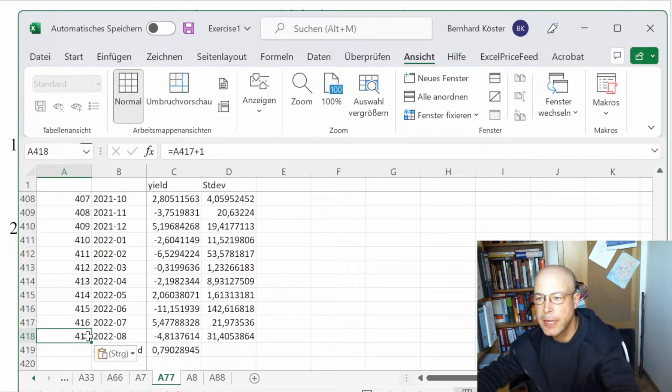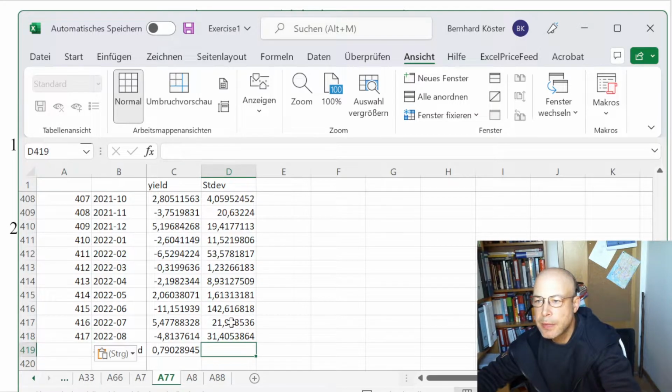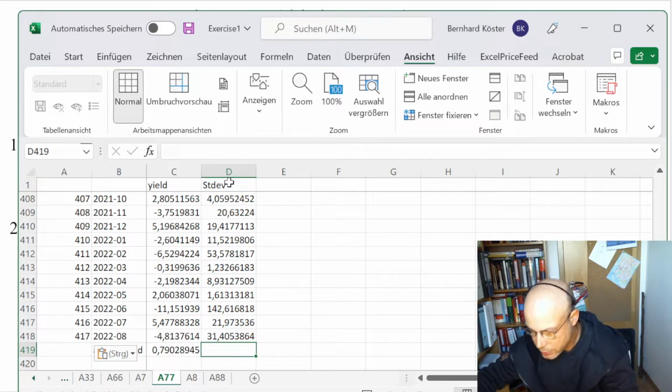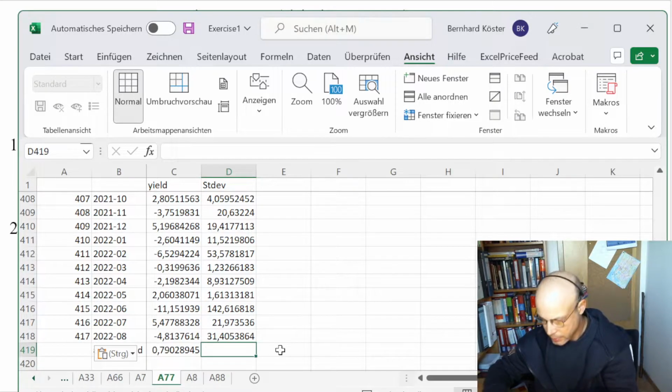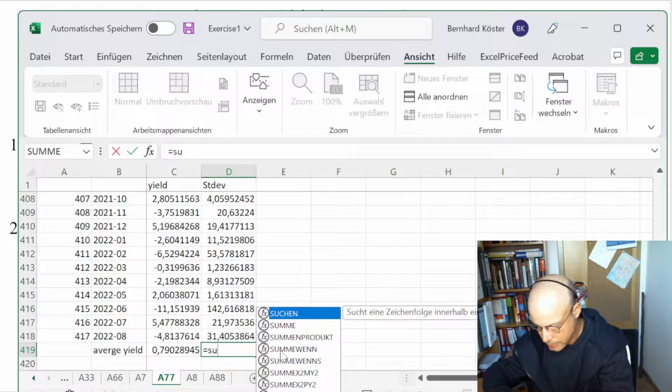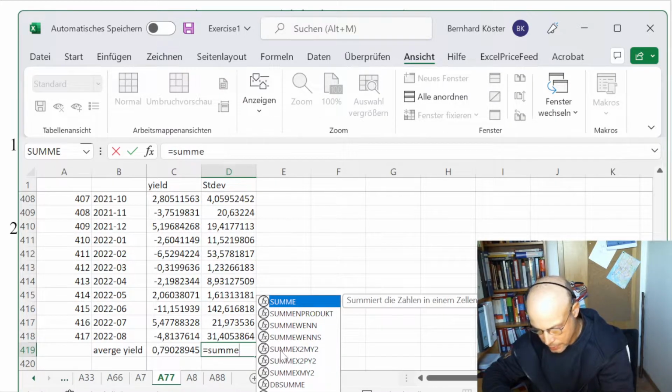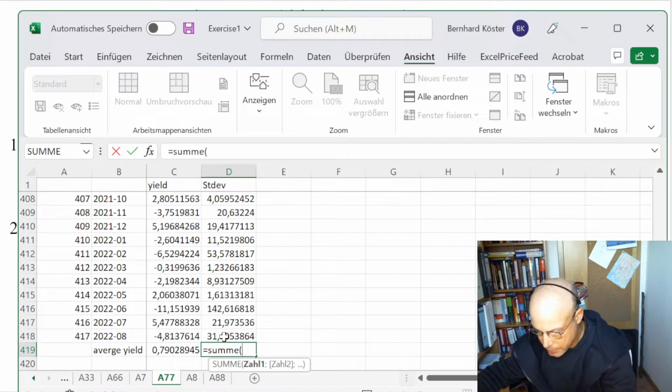So this is our n. So we have to sum up this column and divide this by 416. And after that, we have to take the root in order to obtain the standard deviation. So again, we sum up this.